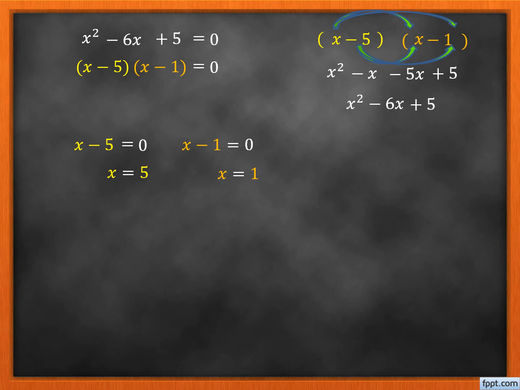But we still have to check those two values because there are some instances wherein the value of x is an extraneous root. When we say extraneous root, these are the values that we have solved, but they are not really the solution of the equation. So let's check our answers.